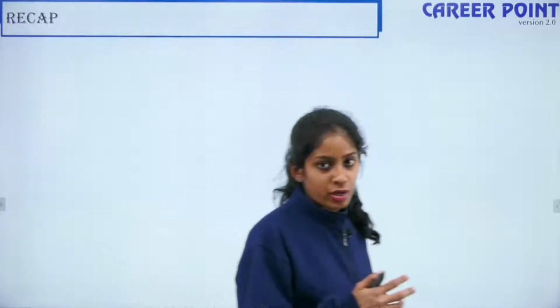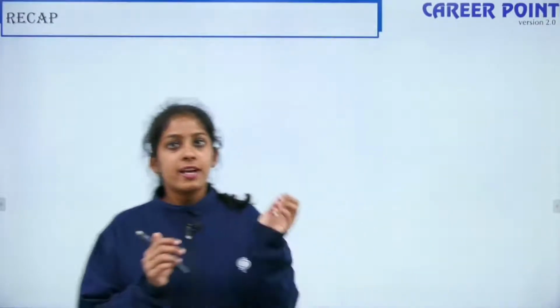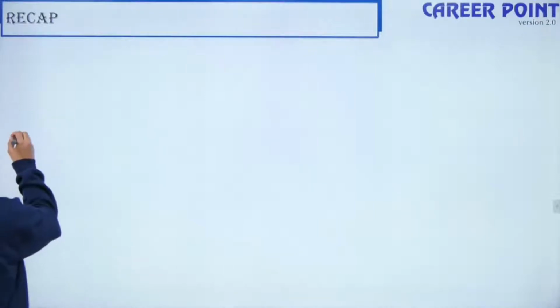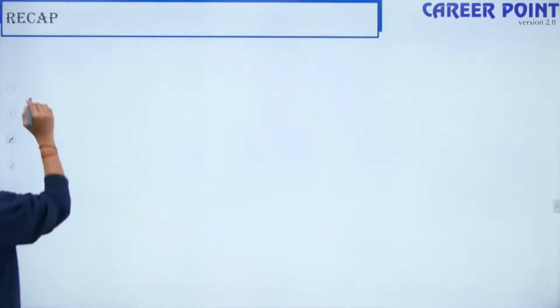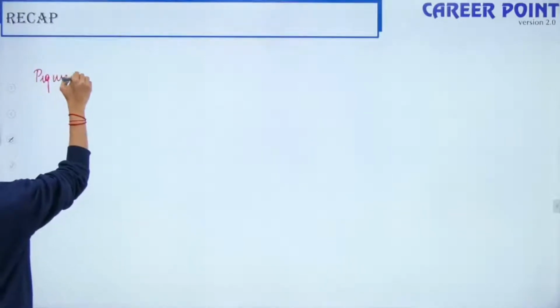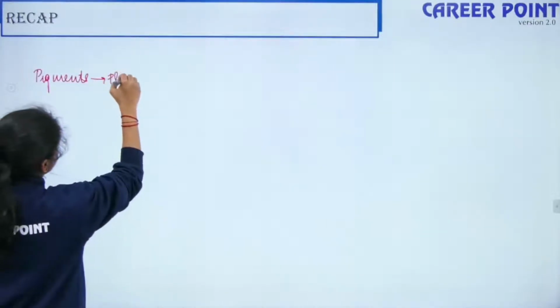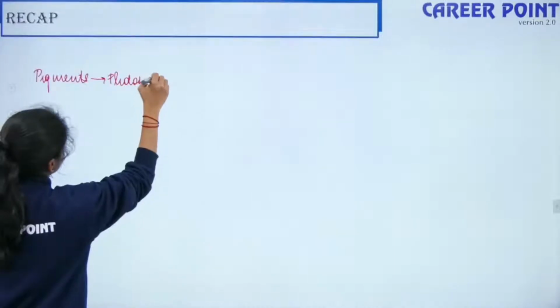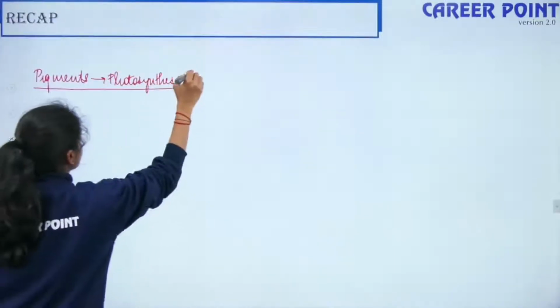we were talking about the pigments. There are 4 pigments involved in photosynthesis. Can you quickly tell me what the 4 pigments involved in photosynthesis are?